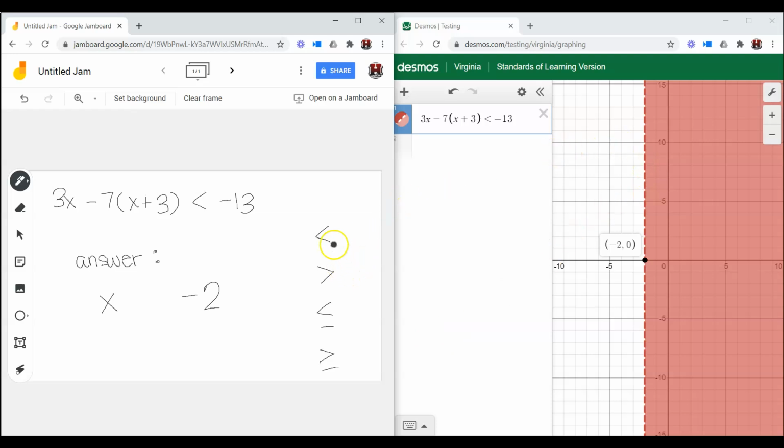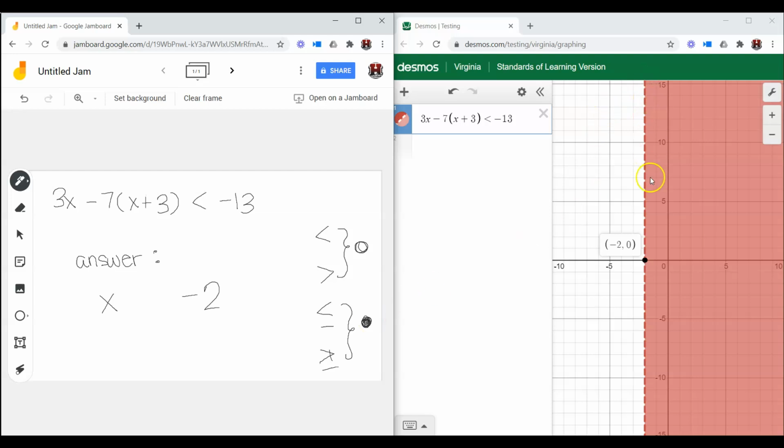Now, real quickly here, the first thing I want you to remember is that with these two symbols that are not underlined, that's where we used that open circle. And with these two symbols that are underlined, that's where we used our closed circle.